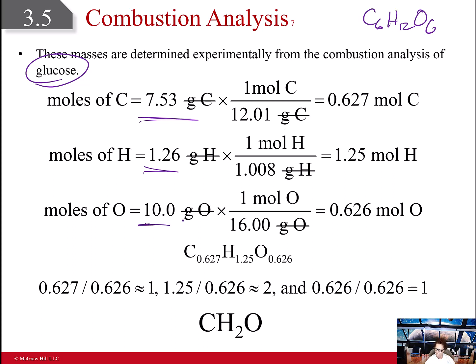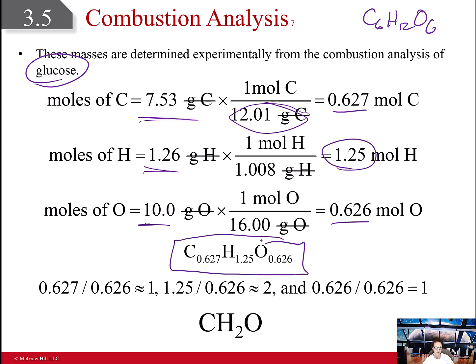And so when I convert to moles of carbon, I get 0.627. When I convert hydrogen, I get 1.25. And then when I convert by dividing by 16 grams, I get 0.626 moles of oxygen. So if I was just going to use those numbers, my formula would look like C 0.627, H 1.25, O 0.626.